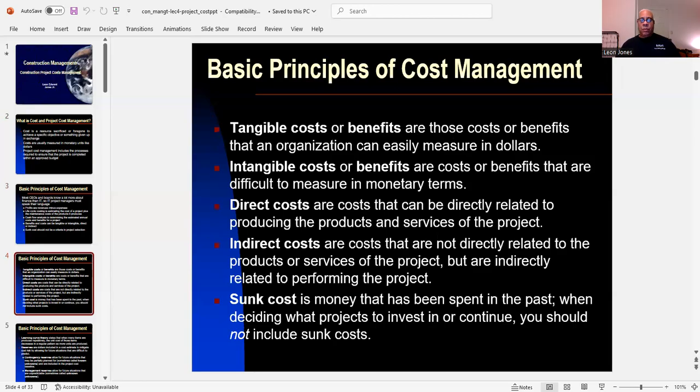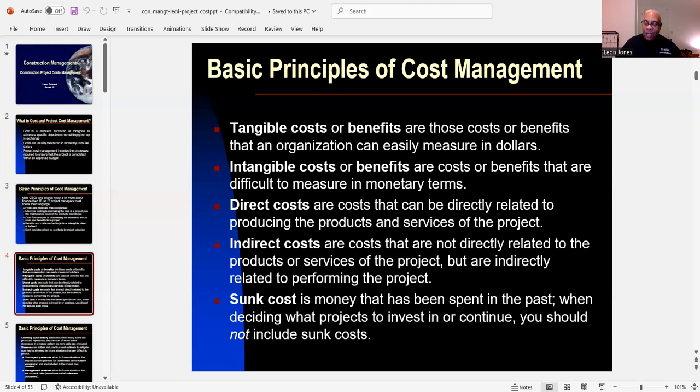Now, tangible costs or benefits are those costs or benefits that an organization can easily measure in dollars. And we deal with intangible costs or benefits. They're costs or benefits that are difficult to measure in monetary terms. Now, when something is tangible, you can pick it up.